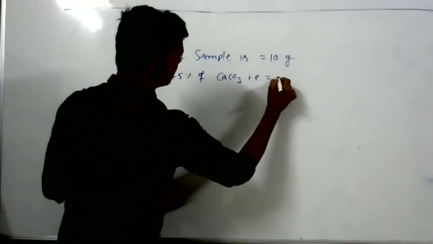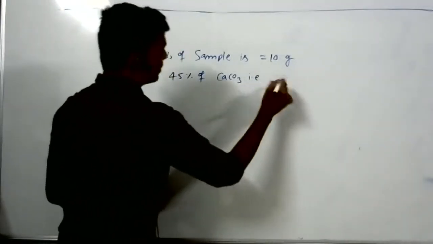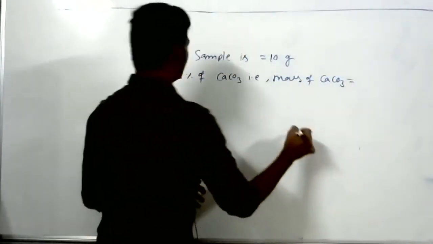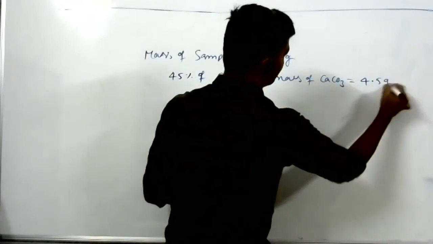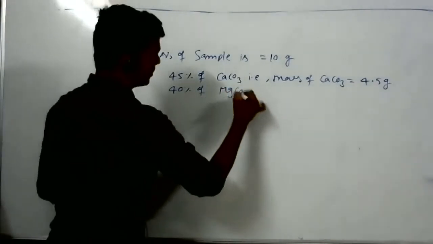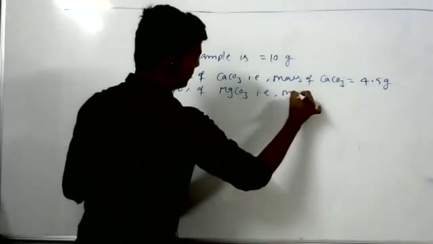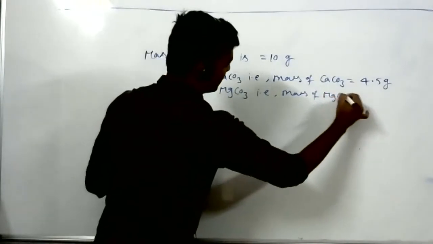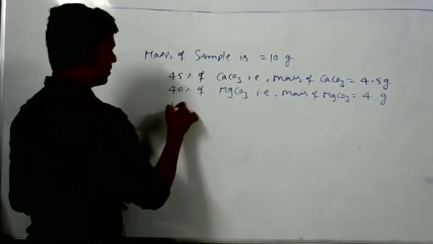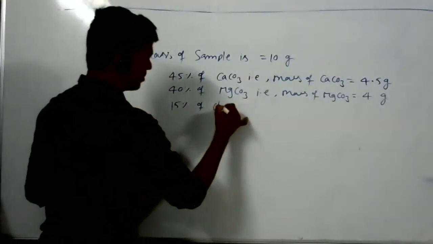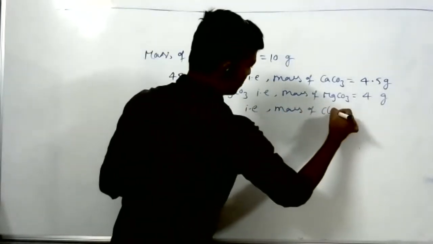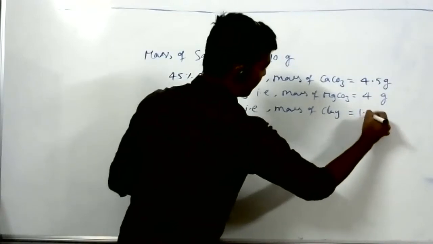So the mass of CaCO3 is equal to 4.5 grams. Next, 40% magnesium carbonate, so the mass of magnesium carbonate is 4 grams. Then what is left is 1.5 grams, 15% clay, so the mass of clay is 1.5 grams.